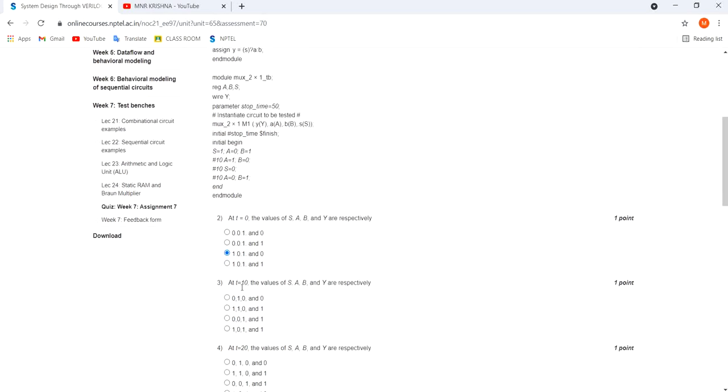So after t equals 10 seconds, what are the values of s, a, b and y? After 10 seconds, a is 1, b is 0, and s is not given here. So we already have s equals 1 from the previous statement, and in this statement also s will be the same.